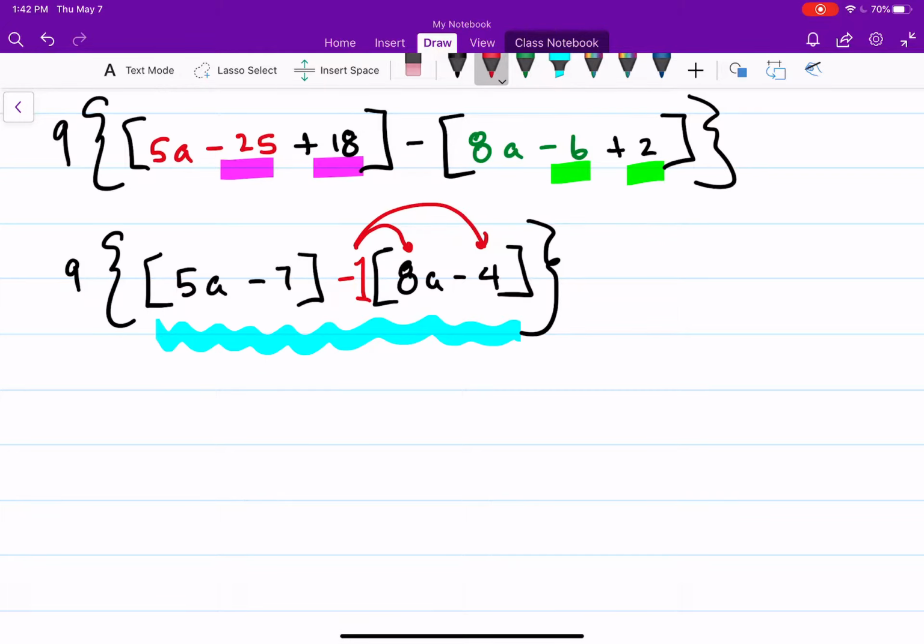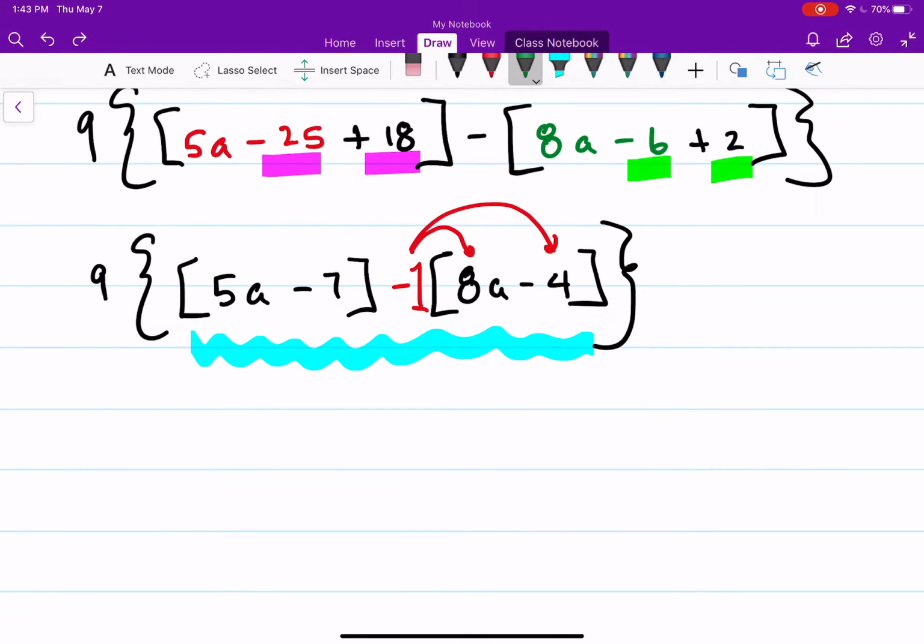Why don't we do it on the first one? Well, the first one doesn't have a negative in front, so essentially it'd be just a +1 in front. On this one, there is a 1, but is it going to be a +1? So I'll be distributing that in, which is fine.